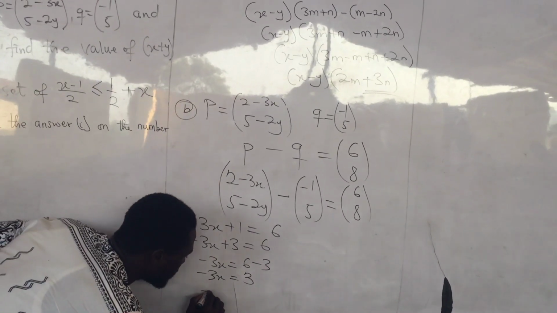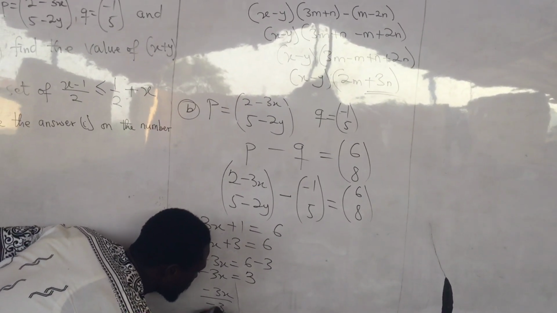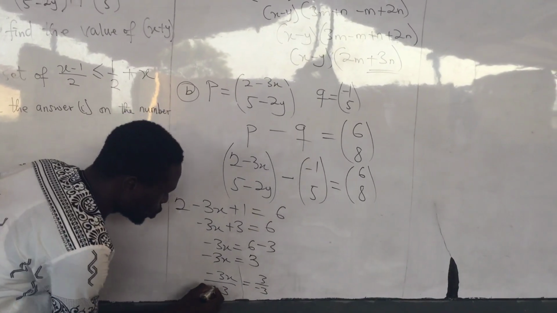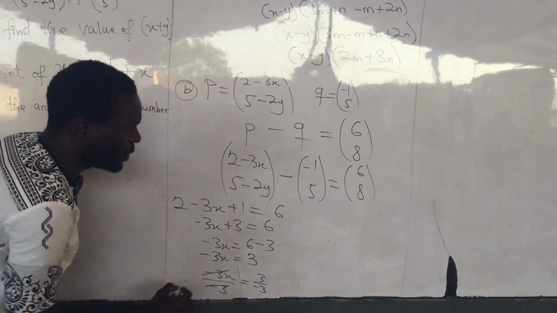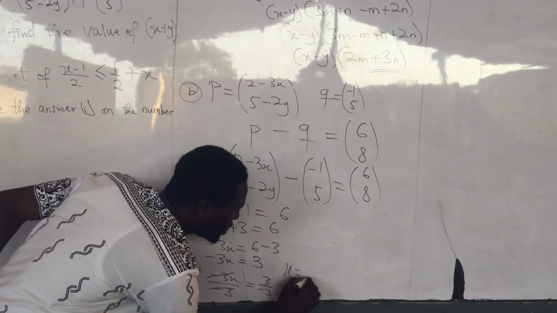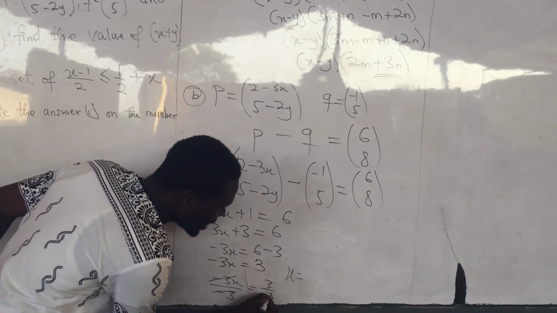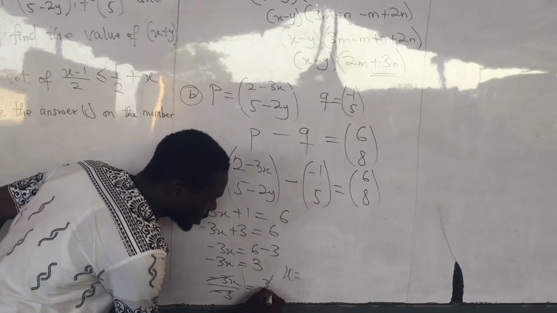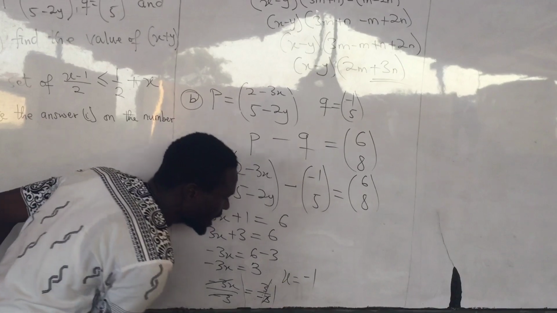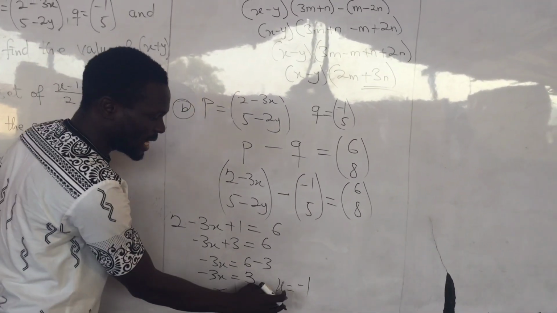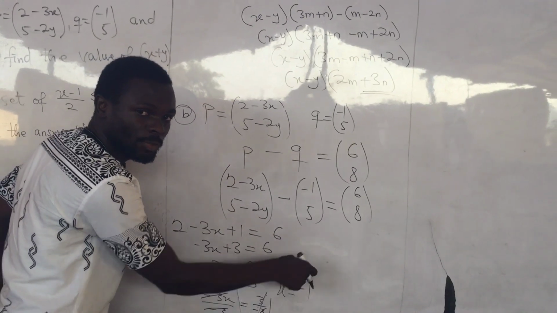So we divide by negative 3. So negative 3 will cancel negative 3, giving you x is equal to, then 3 will cancel itself, 1, giving you negative 1 as your answer. So solving for x here, we had negative 1.